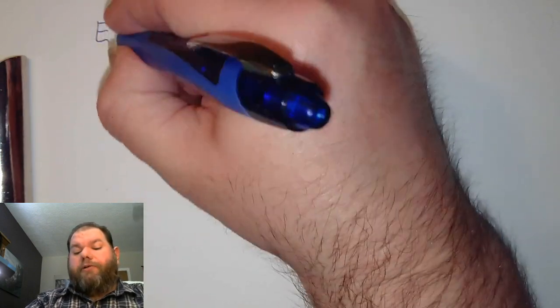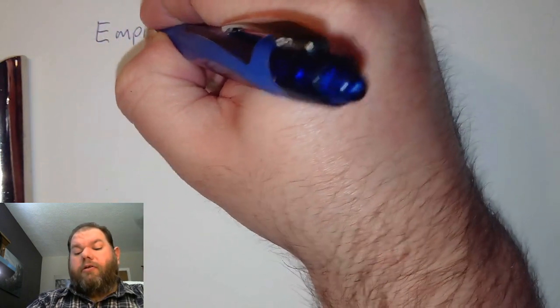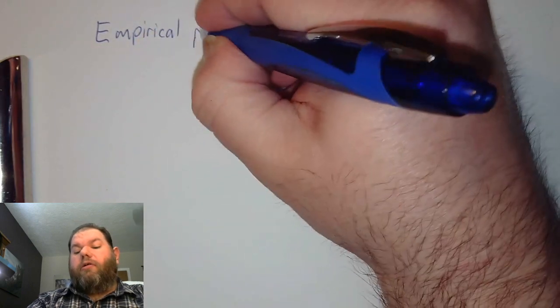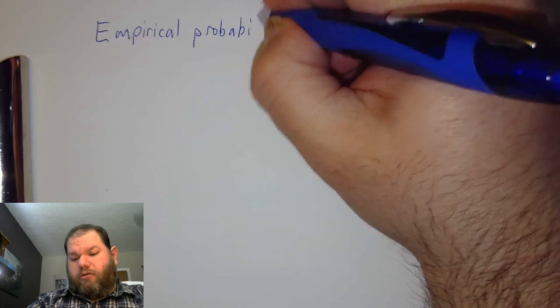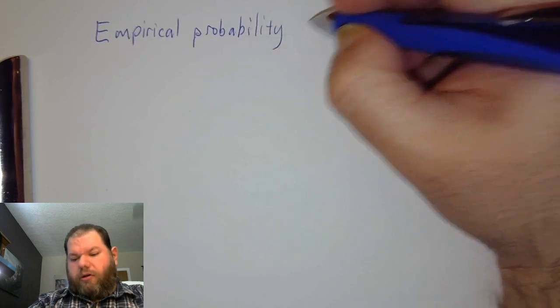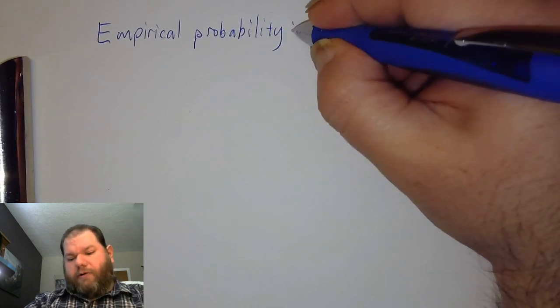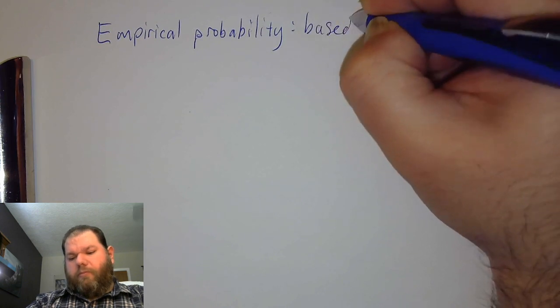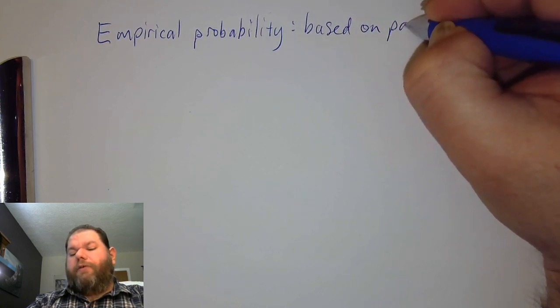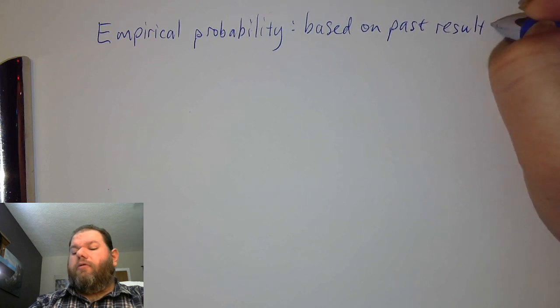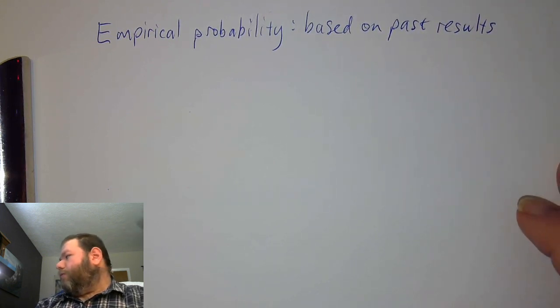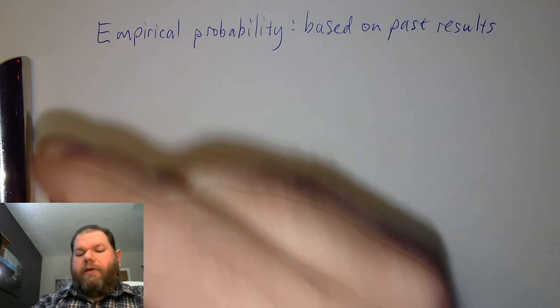Now we said empirical probability is based on past results. Okay, just to remind us.